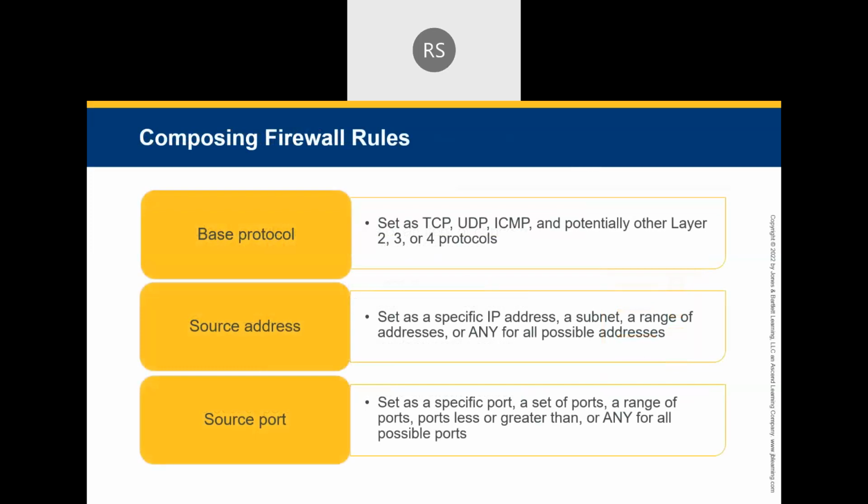Now, our source port specifies the port or the range of ports from which the traffic originates. Once again, this can be set as a specific port, a set of ports, a range of ports, ports less or greater than, or any for all possible ports.